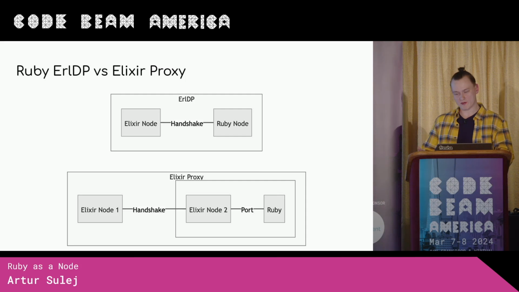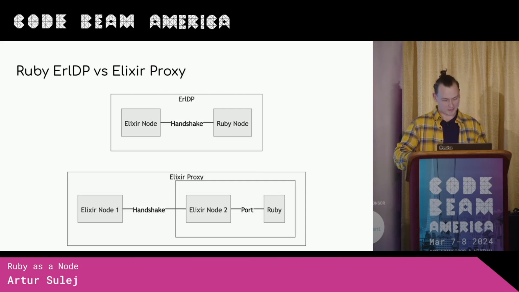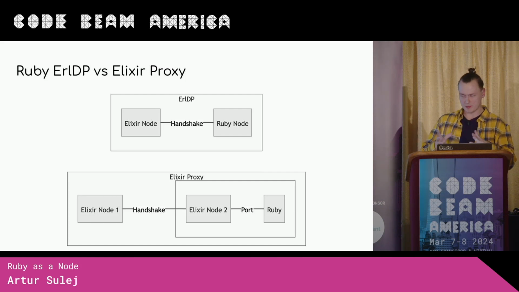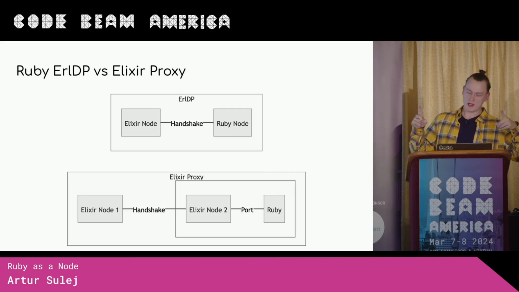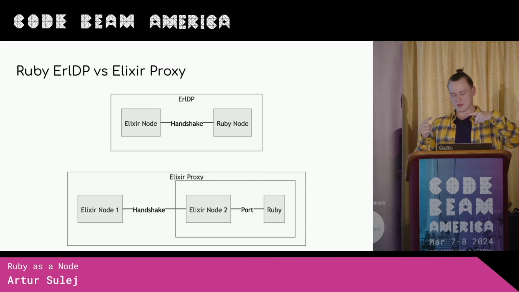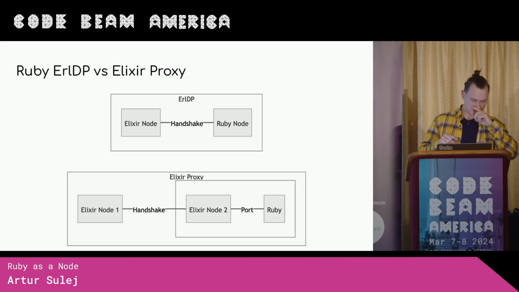Maybe not like to have, but prefer to have when we have two problems. So in the approach that I just presented, the main issue was implementing the remote communication between Ruby and Elixir. And in the next approach, you will see something different.